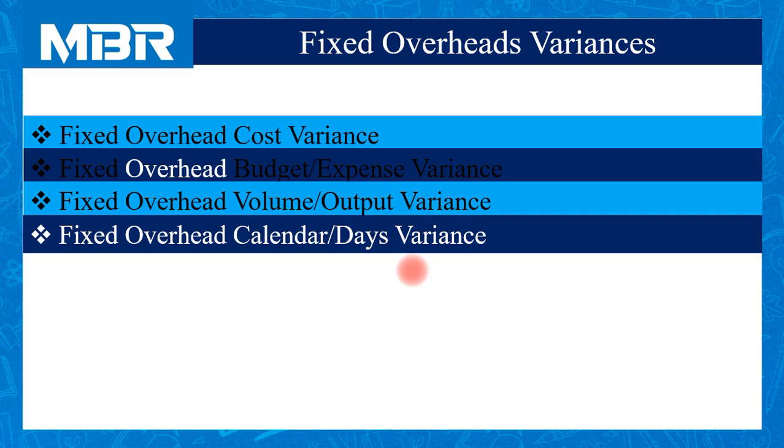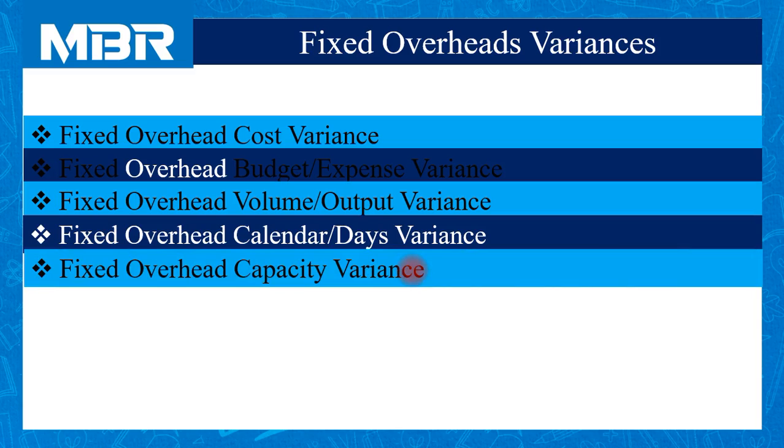If information related to the number of working days is not given, it is not possible to calculate calendar or days variance in any situation. So this particular variance is dependent on the information of the number of working days given by the examiner.